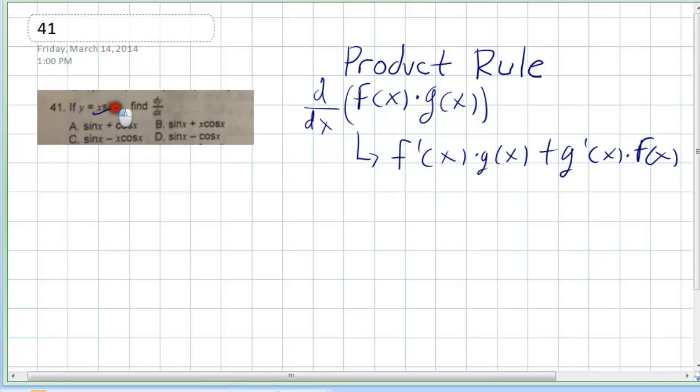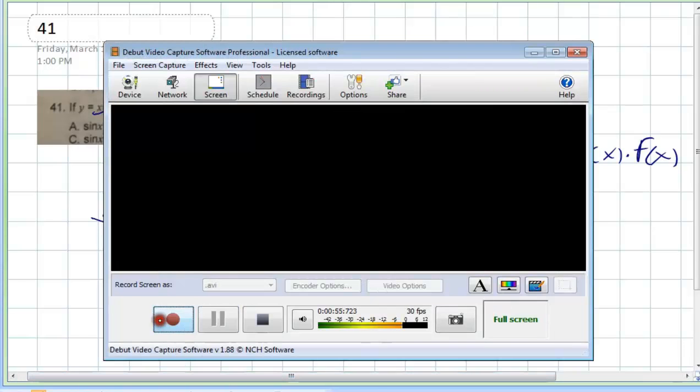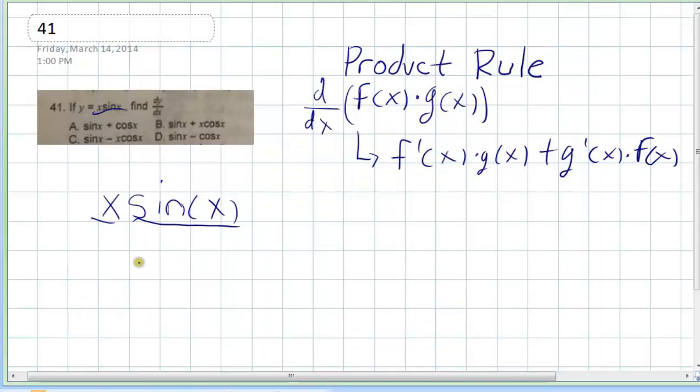So here we have x sine of x. Let's split this up. It is actually composed of two parts: here we have x, and here we have sine of x. We're going to split them up into f of x and g of x.